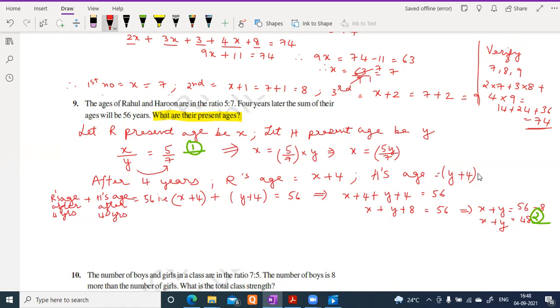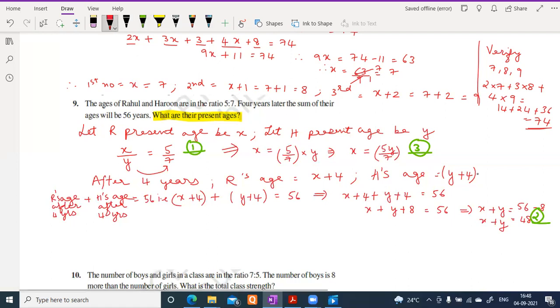You open the brackets, so it will be 5 by 7 into y. The numerators can be multiplied, so it becomes 5 into y divided by 7. 5 into y is nothing but 5y, divided by 7. So that's how you get x is equal to 5y by 7. Let us assume this as equation number 3.